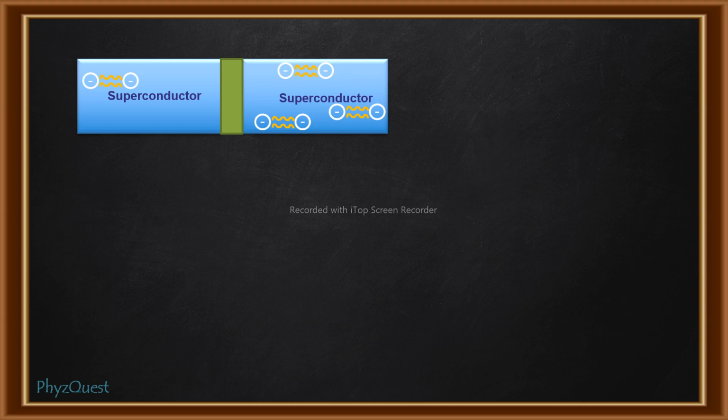When they are connected by a wire, a DC current flows in the circuit, and this is called the DC Josephson effect, where the supercurrent is I equals Ic sin phi, where phi is the phase difference between the Cooper pairs on either side of the superconductors.